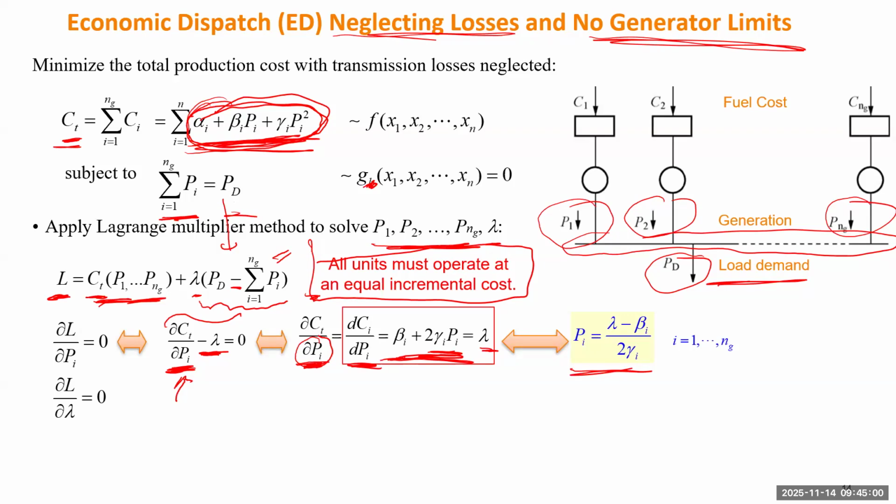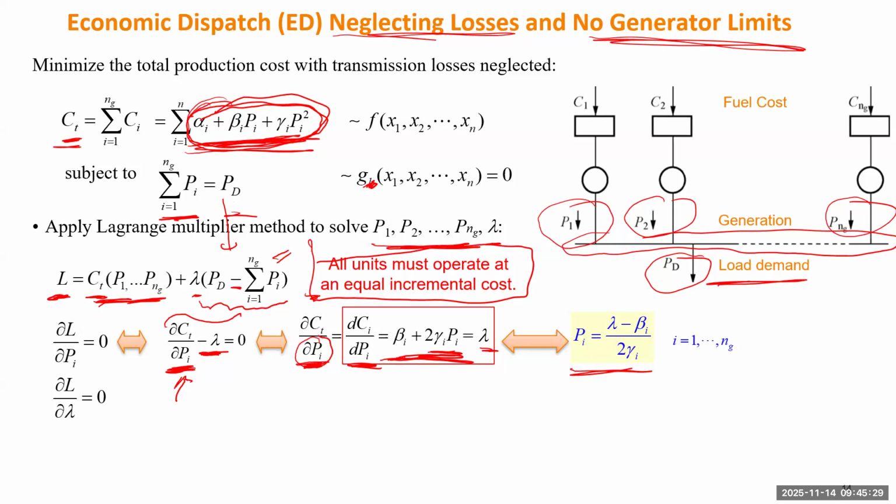Think about two units, okay? Right now, we operate the two units together to support the load demand PD. The first unit is more expensive than the second unit. At this moment, P1 plus P2 will be my load, and the price of the first unit is higher than the second unit. So the only thing I need to do as the operator is decrease the output of the first unit, the more expensive unit, until its price goes down to be the same as the second unit.